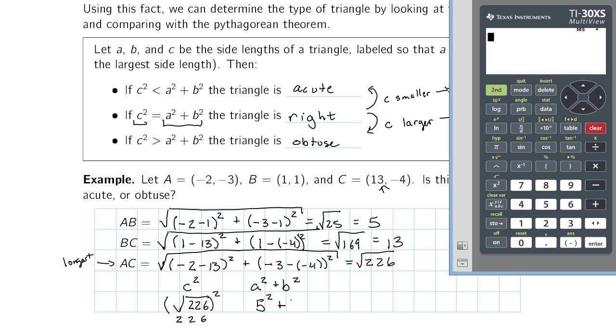Our b is 13, so we'll have 13 squared here. 5 squared plus 13 squared is 194. Now 226 is greater than 194, which means that our c squared is greater than our a squared plus b squared. So comparing that to our list, or just thinking c is too long for a right triangle, we see that we're going to have an obtuse triangle with these 3 sides.